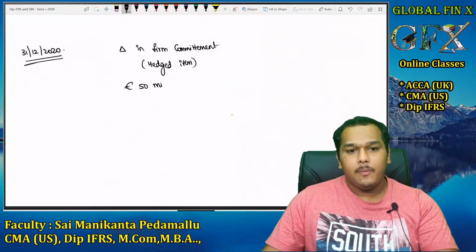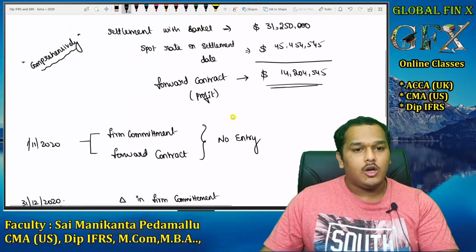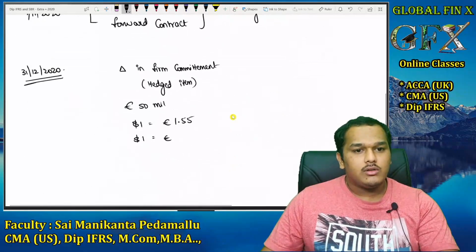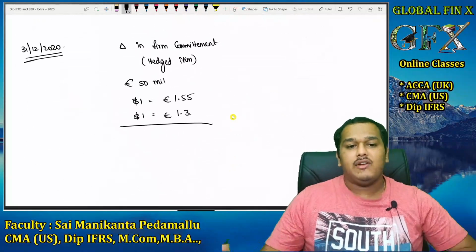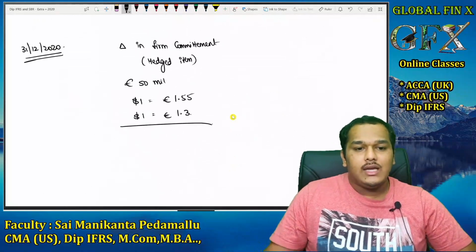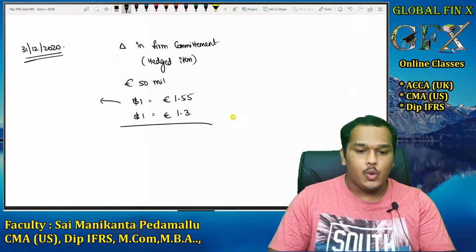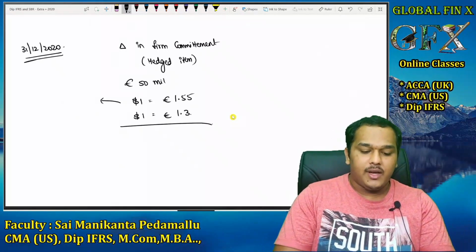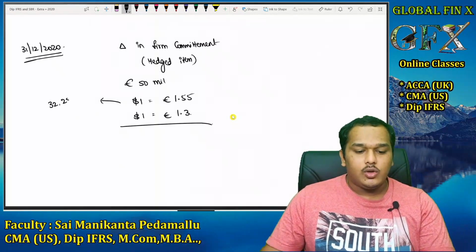50 million, and $1 equal to euros 1.55 and $1 equal to euro 1.3. Okay. So technically, if I want 50 million euros on the date of inception of that particular contract, how many dollars do I need? 50 million divided by 1.55, which gives me $32,258,045.